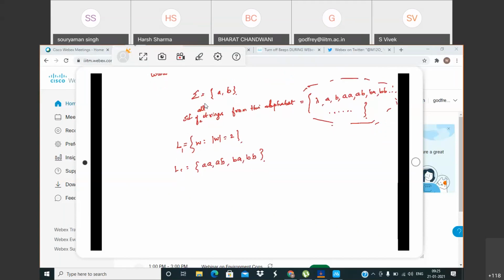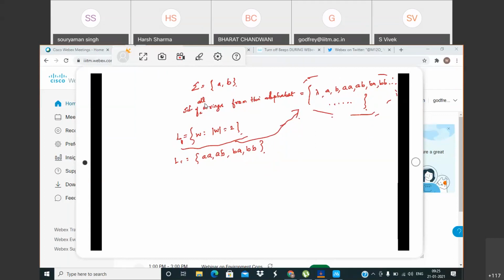So I can have n number of definitions on this particular set of strings. Each of these definitions is going to give me a different set of strings that form part of a language. So that's how I'm going to define a language from an alphabet.